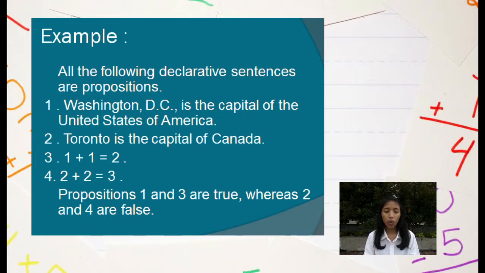Number 3. 1 plus 1 equals 2. And number 4. 2 plus 2 equals 3. Propositions 1 and 3 are true, whereas 2 and 4 are false.